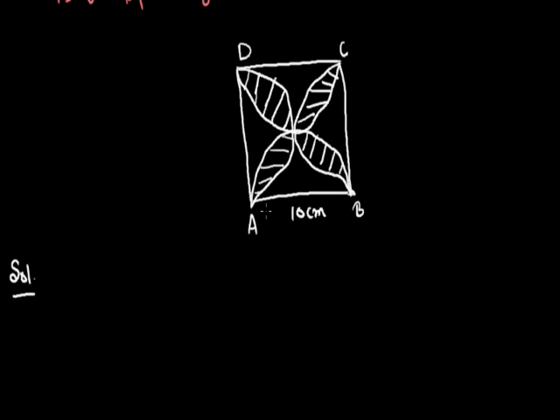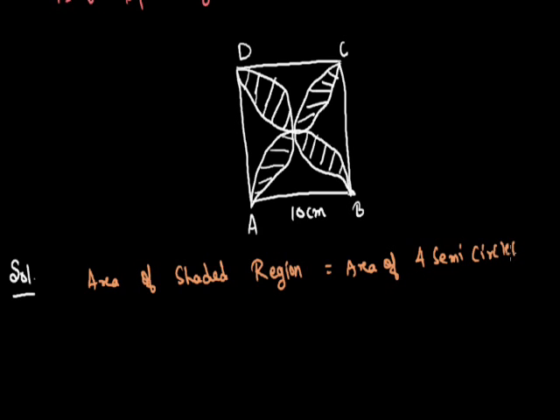Now to find out the area of shaded region, this is equal to area of 4 semicircles minus area of square. If we take the area of 4 semicircles, let this portion be 1, 2, 3, 4, this is 5, 6, 7, 8.